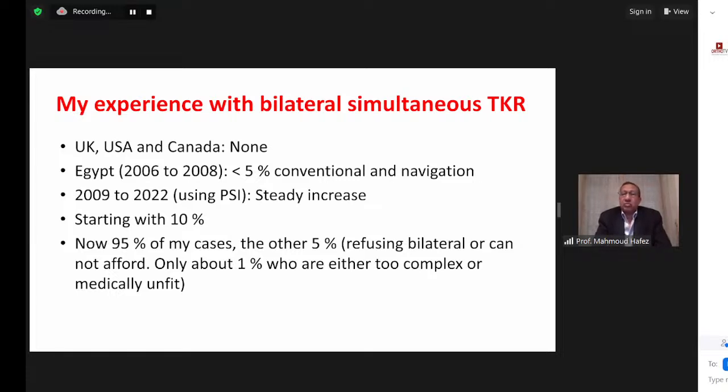Because of other reasons: either the patient refuses, or for bilateral they cannot afford it, or there are some patients who want surgery very, very soon. In this case we do the PSI in about 2 days, but if it is less than that, we cannot do PSI.